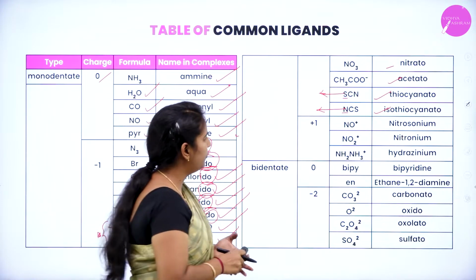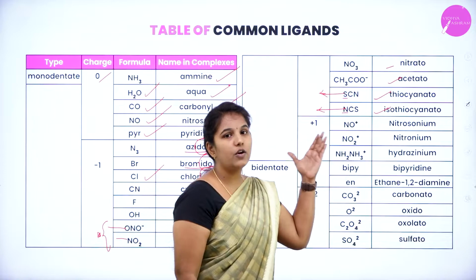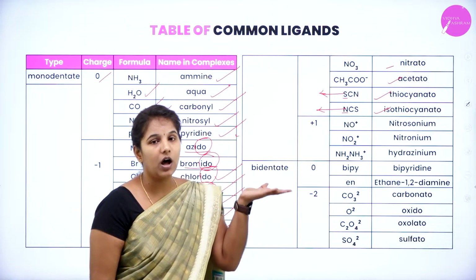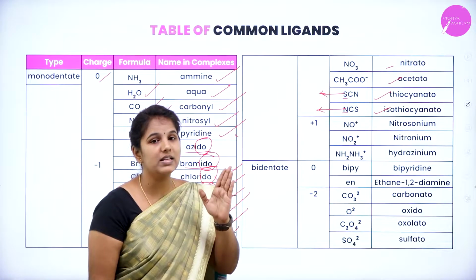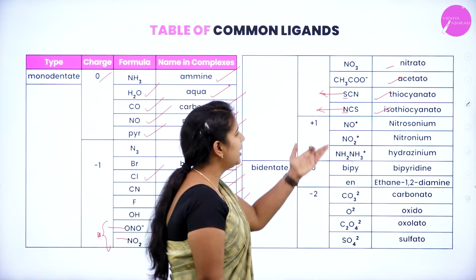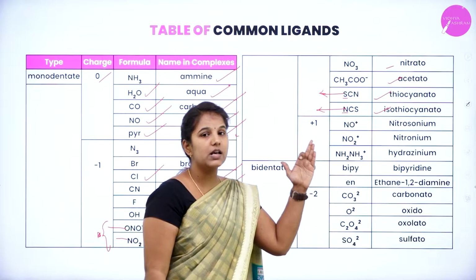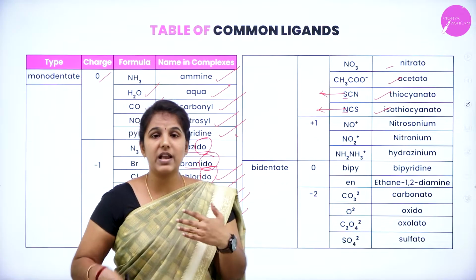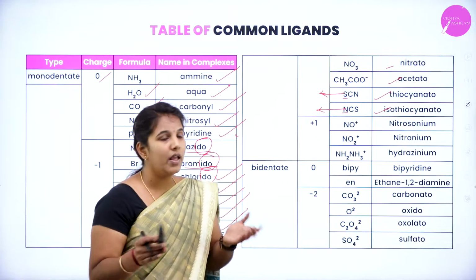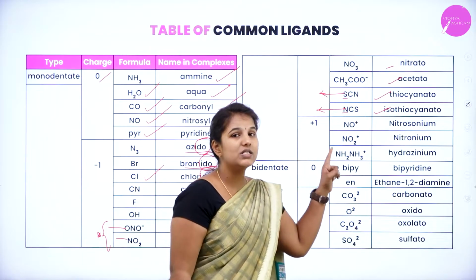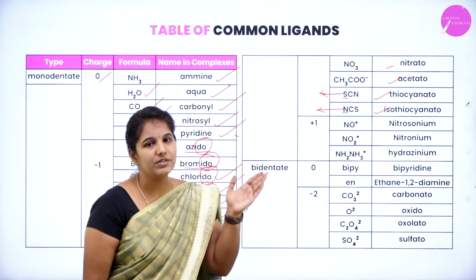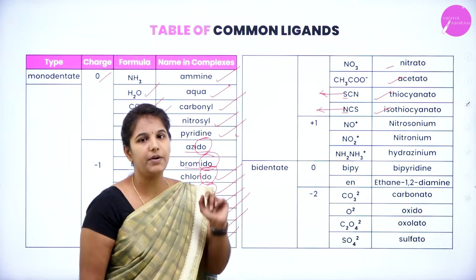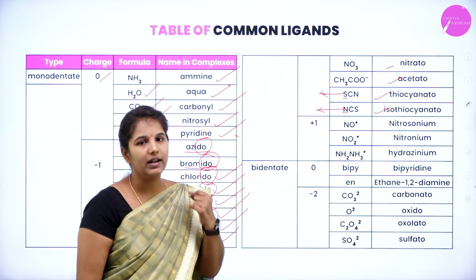If it is sulfur, we say it is thiocyanato, which carries a negative charge, -1. Similarly, when nitrogen ligates towards the central metal atom, it is named isothiocyanato. It carries a negative charge, hence it is an example of an anionic ligand.